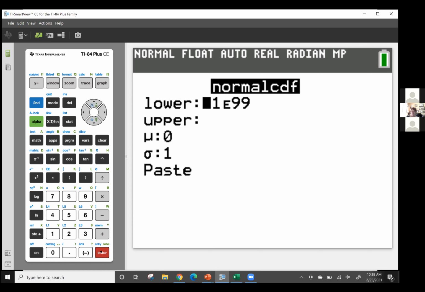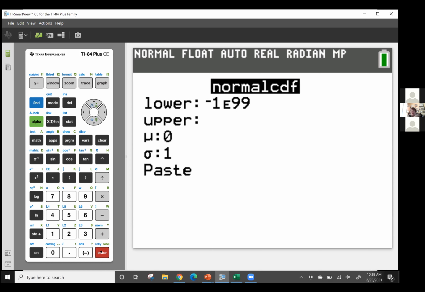All you have to do to find the area under the curve is tell your calculator the lower limit, the upper limit, whatever your mean is, and what your standard deviation is. Your calculator can find the probability, which is equal to the area underneath that normal distribution curve.